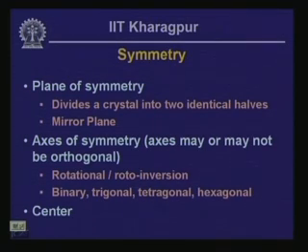Now symmetry essentially means that there could be planes of symmetry or axes of symmetry. What is meant by plane of symmetry is that the two parts of a particular body that are on either side of that plane of symmetry are identical to each other.